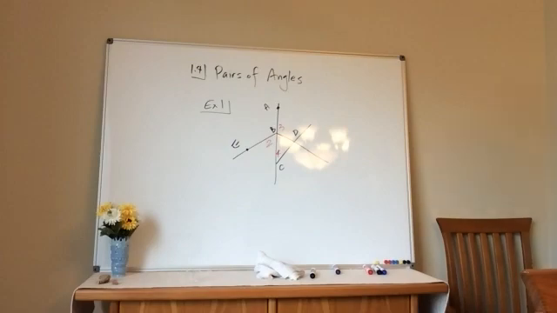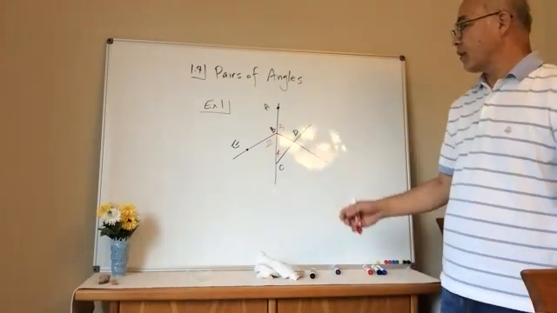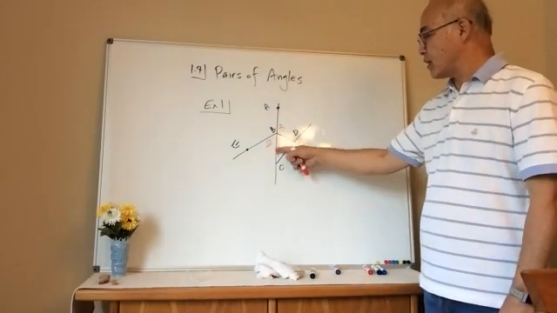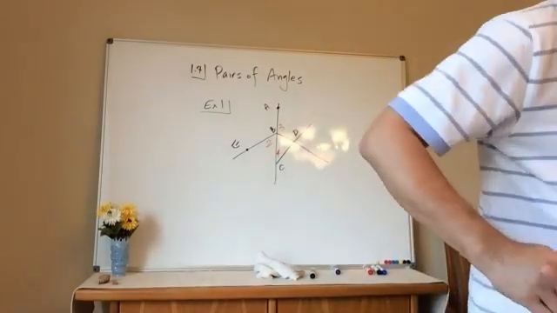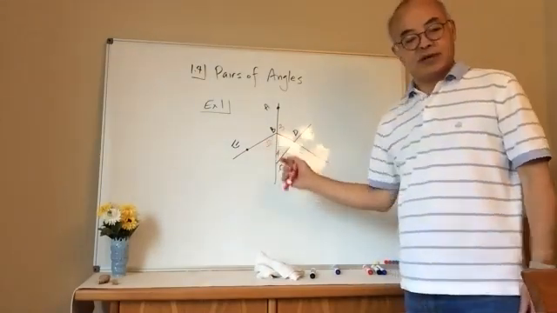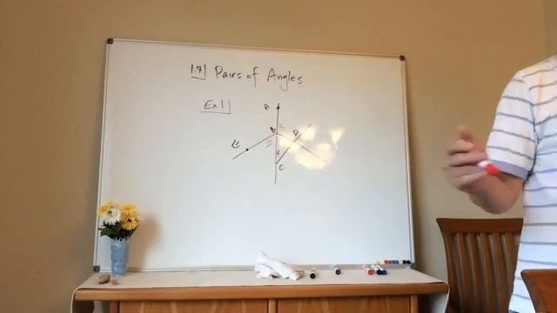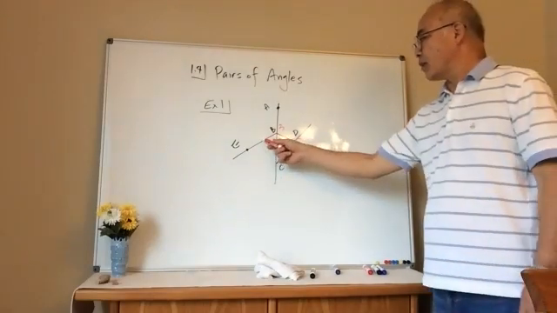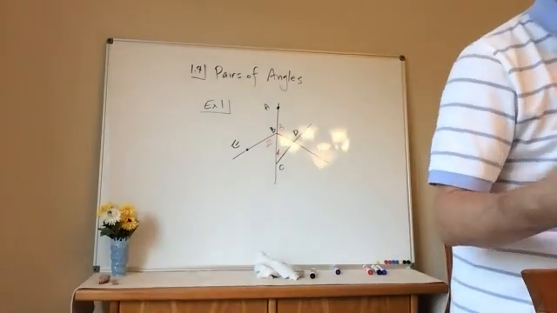Side by side, and they have to share one side. The side that they share would be this line right here. So 1 and 2 are adjacent. Are they a linear pair? Do they add to 180 degrees? No. Because if they did, it would be a straight line going up this way. So they're not a linear pair, they're only adjacent.